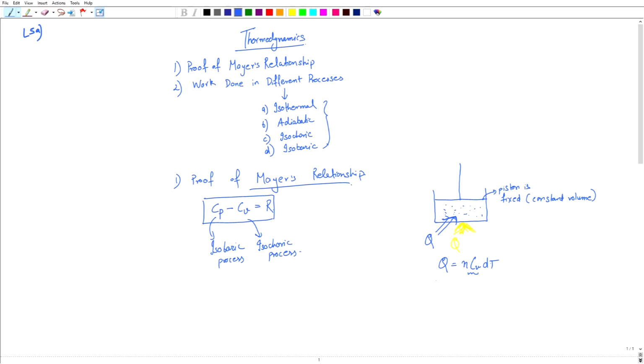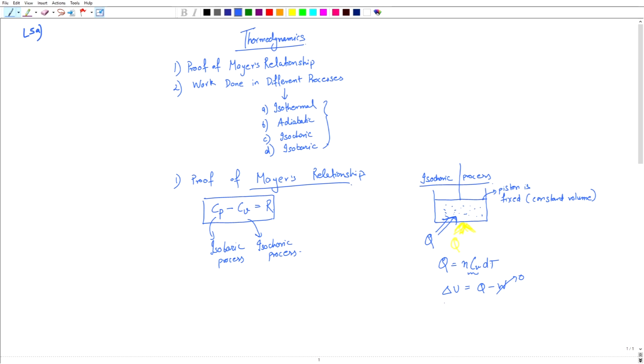Now for work done, we need to apply the first law of thermodynamics to this isochoric process. Applying the first law, we know that delta U is Q minus W. When the volume is constant, work done is always 0, and hence whatever heat is supplied to the system increases its internal energy.